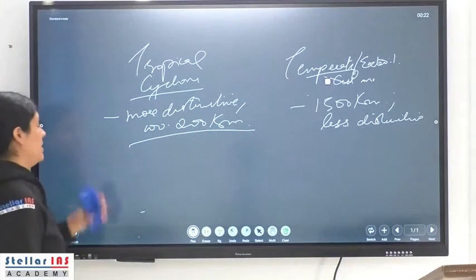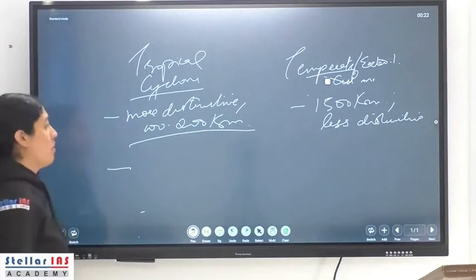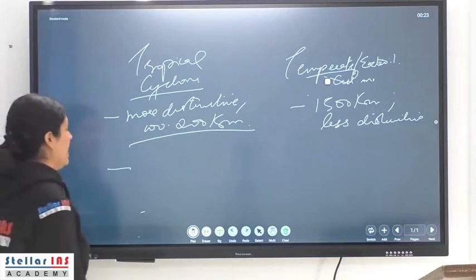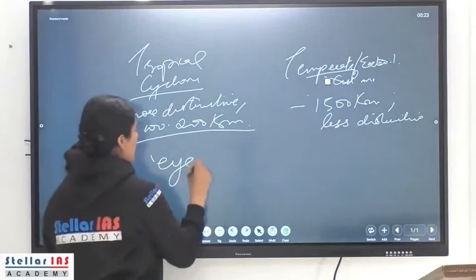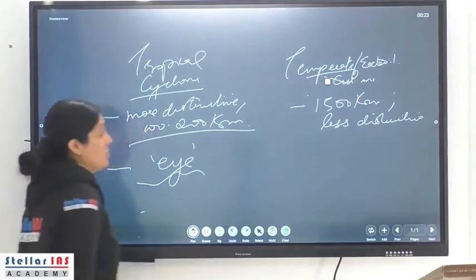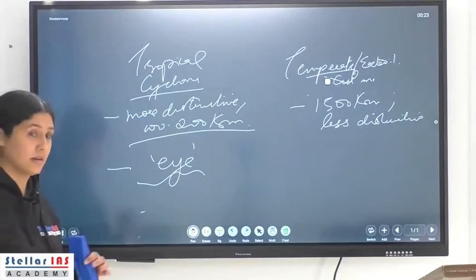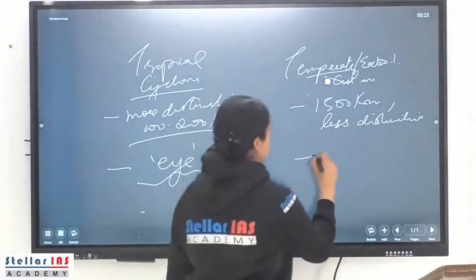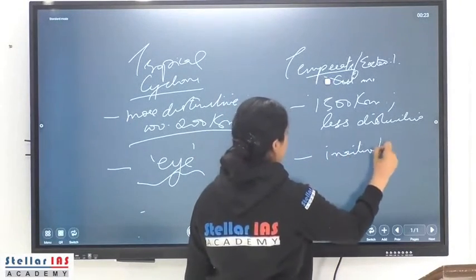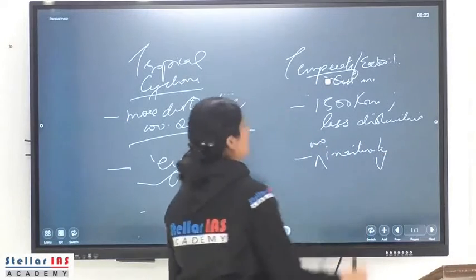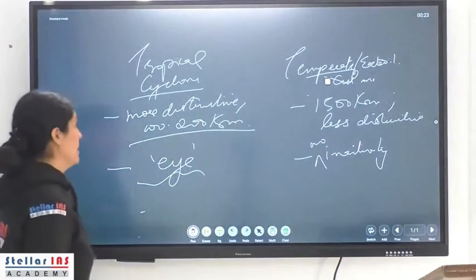right? The next is the tropical cyclones. They have a region of calm in the center, that is the eye, right? Whereas in case of temperate cyclones, there is not a single region of inactivity, right?